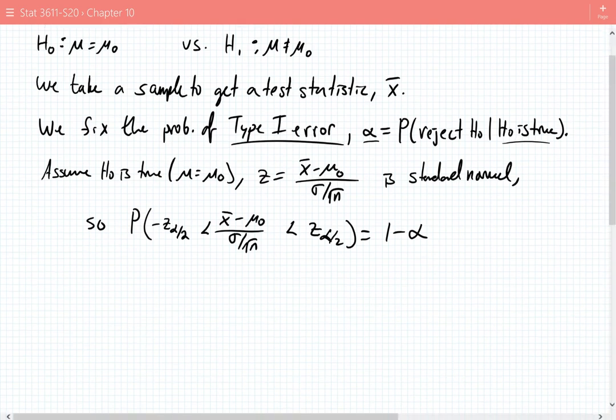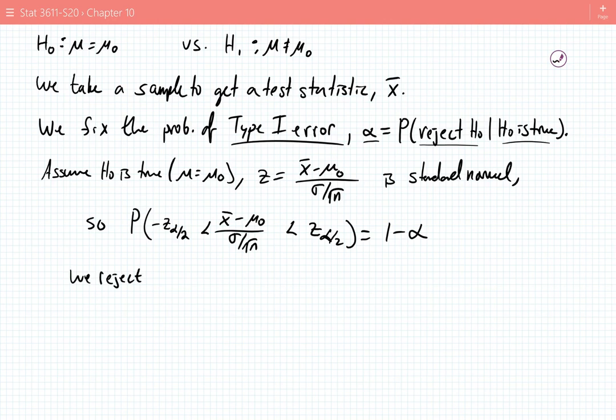So again, let's take some numbers. Let's say alpha is 5%. Then there is a 95% probability that the statistic I get, x bar, yields a z value after this transformation between these two endpoints, negative z of alpha over 2 and z of alpha over 2. There is a 5% probability that we are outside these limits, and those are the cases where we would reject the null hypothesis.